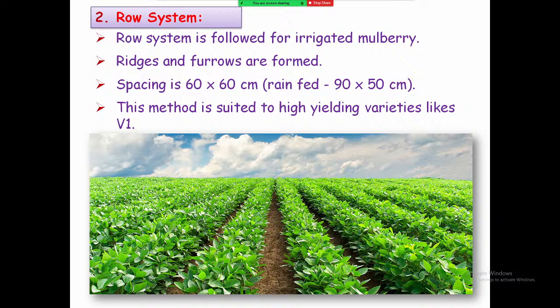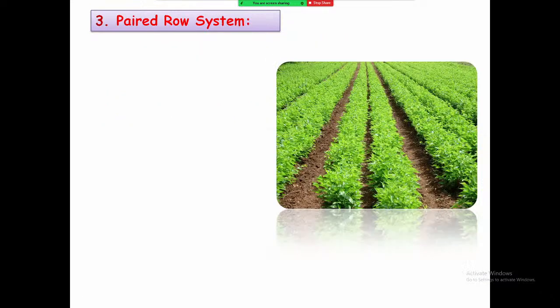Okay. So then the paired row system. It is similar to the row system, but here two rows are nearer to each other. Okay. There is wider spacing in between the two rows. After two rows that are near to each other, the other rows are at a wider space from there.